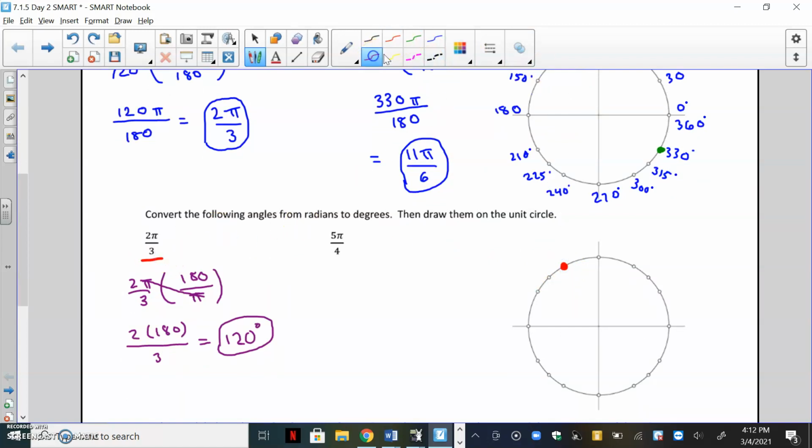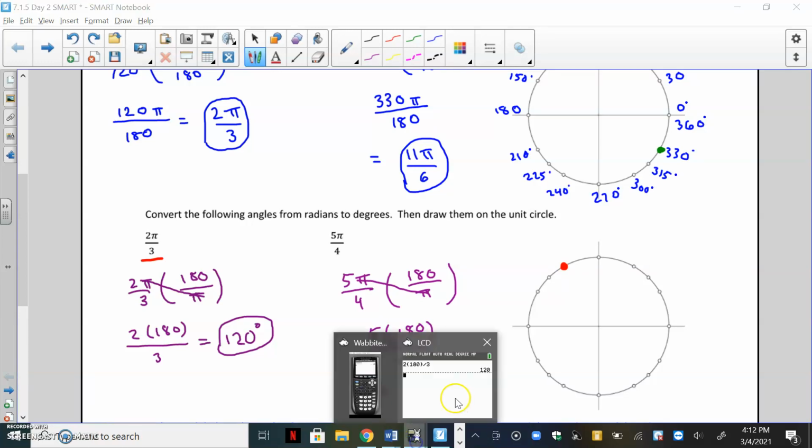Let's do the next one. 5 pi over 4, we're just going to multiply that, just like before, by 180 over pi. So the pi's cancel. I end up with 5 times 180 over 4.